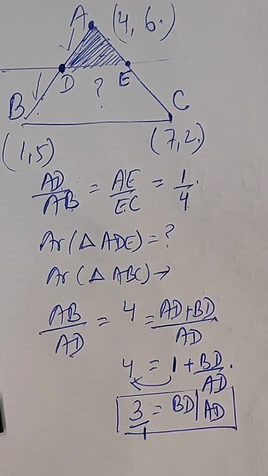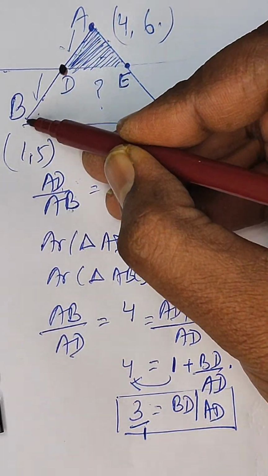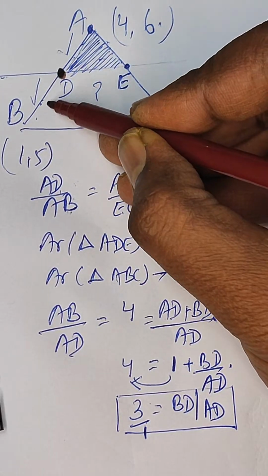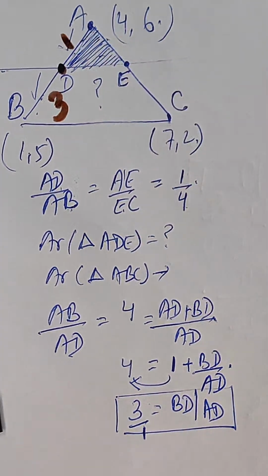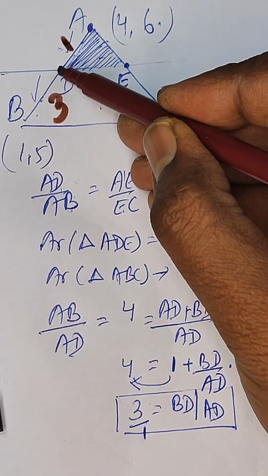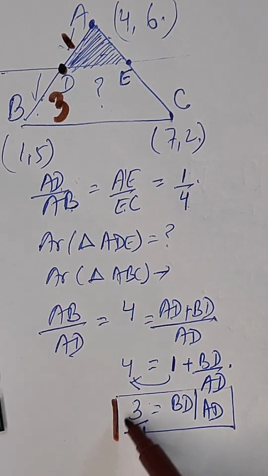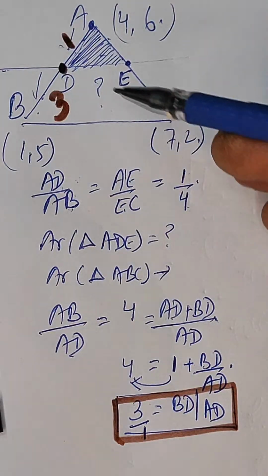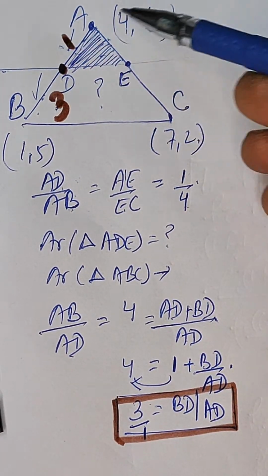So point D is dividing the line AB in the ratio 3 is to 1, because BD to AD is 3 is to 1. Just see this, right?